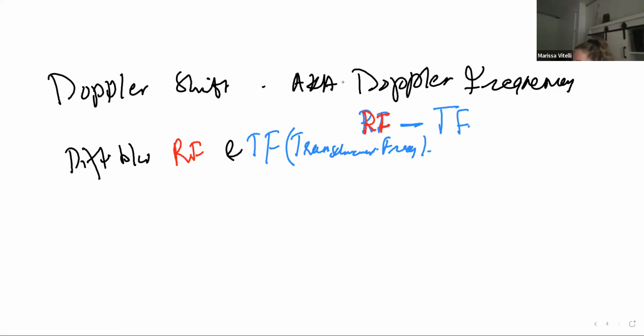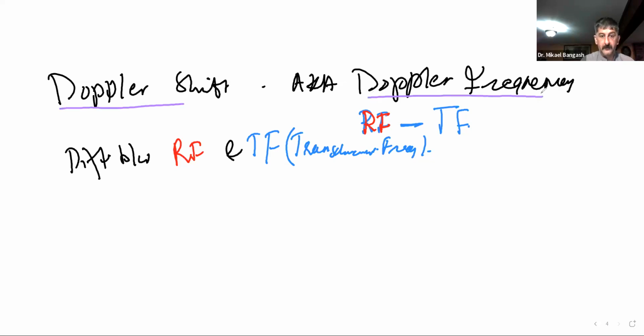Okay. Now, what we can say is this Doppler shift, or Doppler frequency, because it means there's going to be the difference between two frequencies. That's why they also call it Doppler frequency. Or we can say a shift in the frequency. What do you mean by a shift? That it actually changes. But there were two or three scenarios.